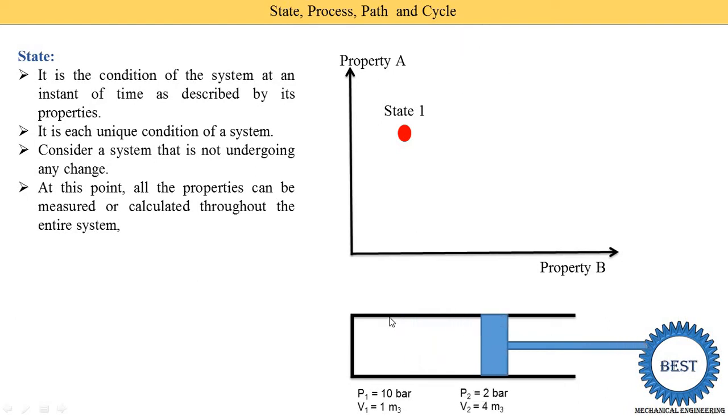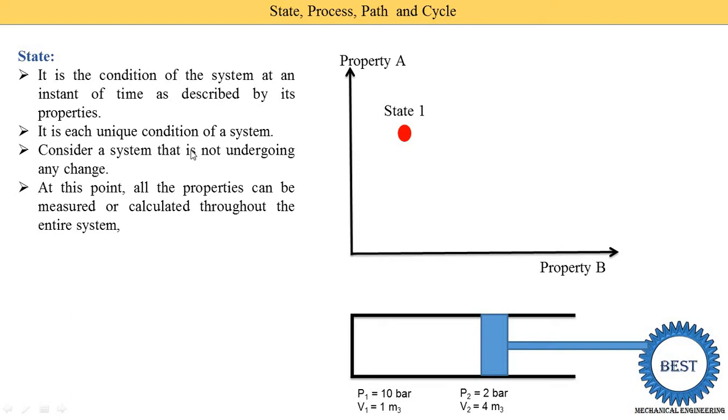The gas pressure and volume are changed. Due to the expansion of the gas, pressure is reduced and volume is increased. Pressure changes from 10 bar to 2 bar and volume changes from 1 meter cube to 4 meter cubes. This is called state 2. So when the system undergoes any change, its state is changed.